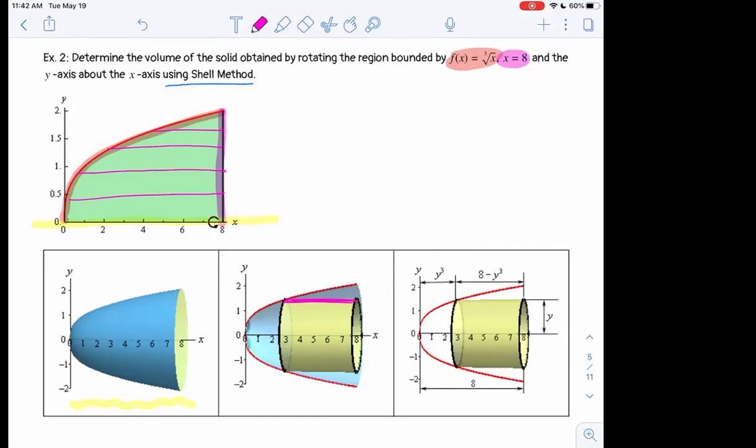And so when we're thinking about the height of the shell, we need to think about our right curve minus our left curve. That will give us the height of the shell. But the radius is actually pretty straightforward. Our radius is just going to be the y value, okay?